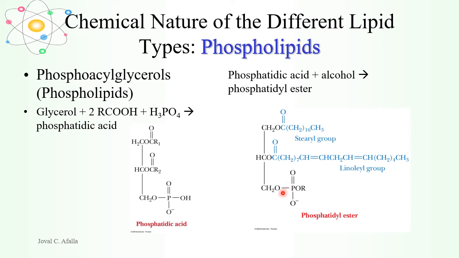And the phosphoric acid, if you look at the structure, also has another hydroxyl group capable of another esterification reaction. Here, the R, which is unspecified in this example, is just another alcohol. So we now form the phosphatidyl esters.